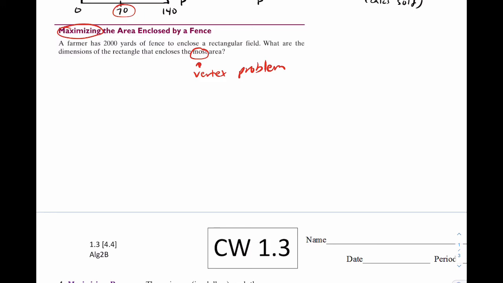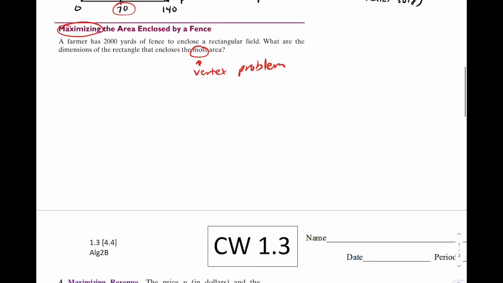So questions like this, they aren't too bad as long as we just think through the information we're given. So we have 2,000 yards of fence. So if you imagine there's a rectangular field here, let's draw a rectangle. Let's call this L, let's call that W. If we have 2,000 yards of fence, that would mean the perimeter is 2,000, because the perimeter would be how much fence we put around the whole thing.